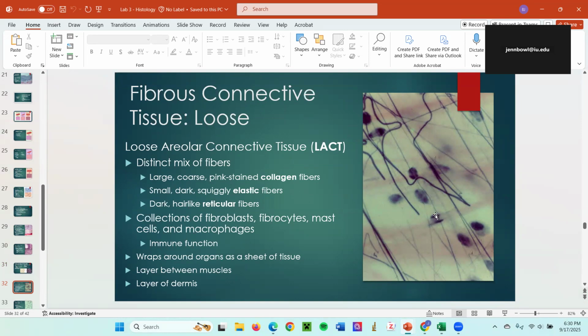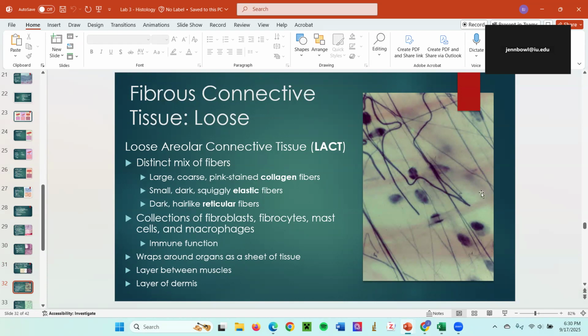We would find that in loose areolar connective tissue. Here we see those really squiggly, coiled, elastic fibers, and their properties allow expansion and recoil. So that's why they look a little bunched up on the side. And then the thinner hair-like fibers are those reticular fibers. So we would expect to see all of those on a loose areolar connective tissue slide.